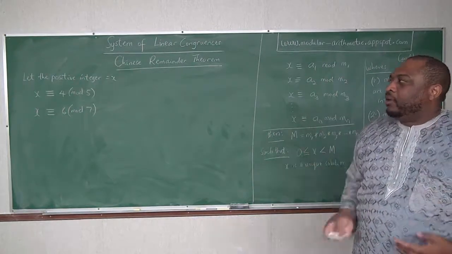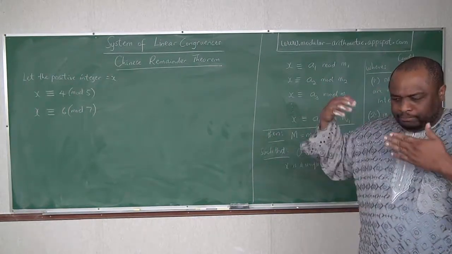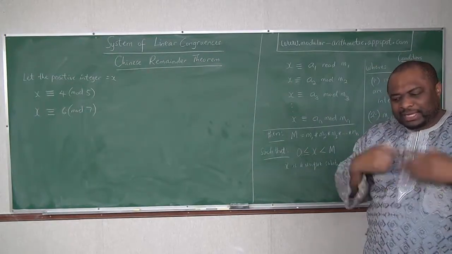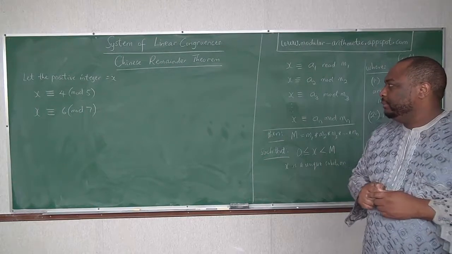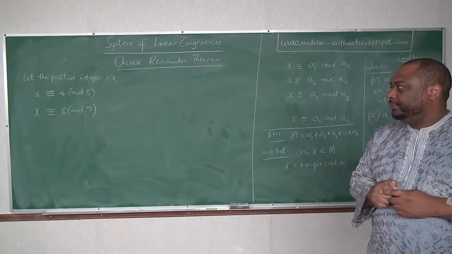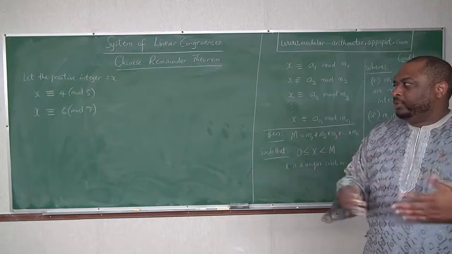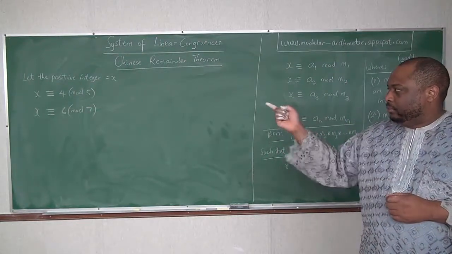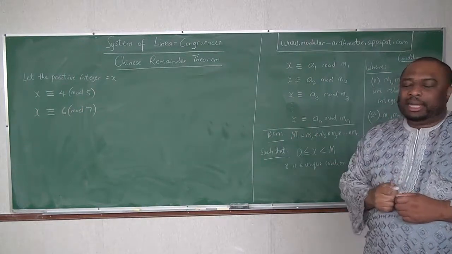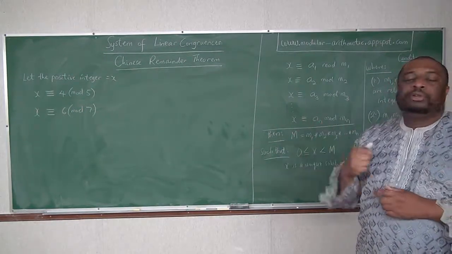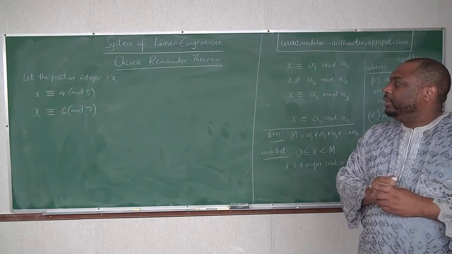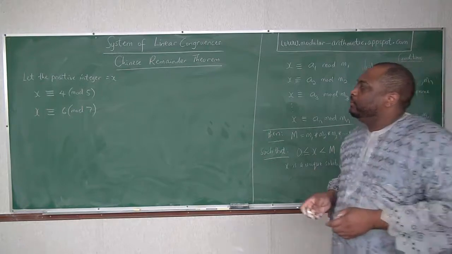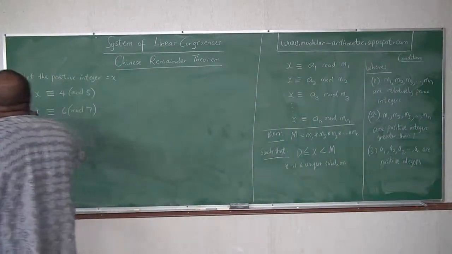Now, let us solve this problem. Let's solve it and let's check it. I'm going to do it step by step. We will solve a system of two linear congruences, and we will do another example.